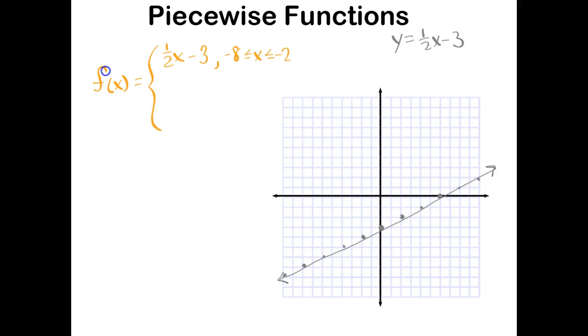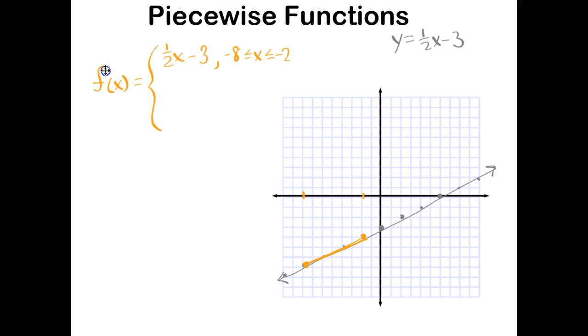And you have to keep your eye on whether it's equal to -8 and -2 or just less than or greater than. So that means I'm going over here to -8 and -2. I only want this section of the line, from here to here. So I'm going to color that in with orange.